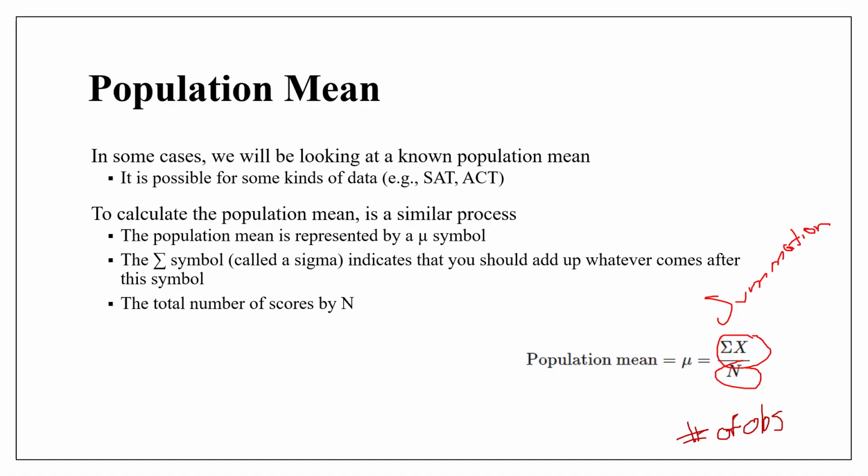So if you see this, that is the mean for a sample. If you see this, that is the mean for the population. But the calculation itself is going to be very similar. You're going to add up all the observations you have. You're going to divide by the total number of observations that you have.